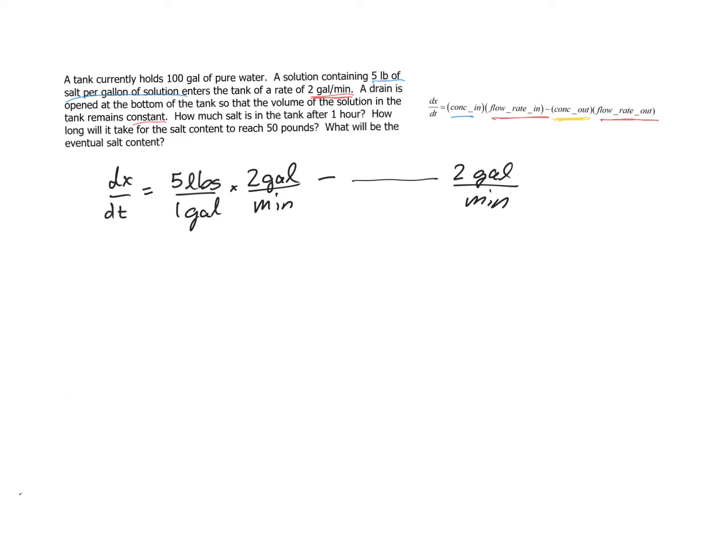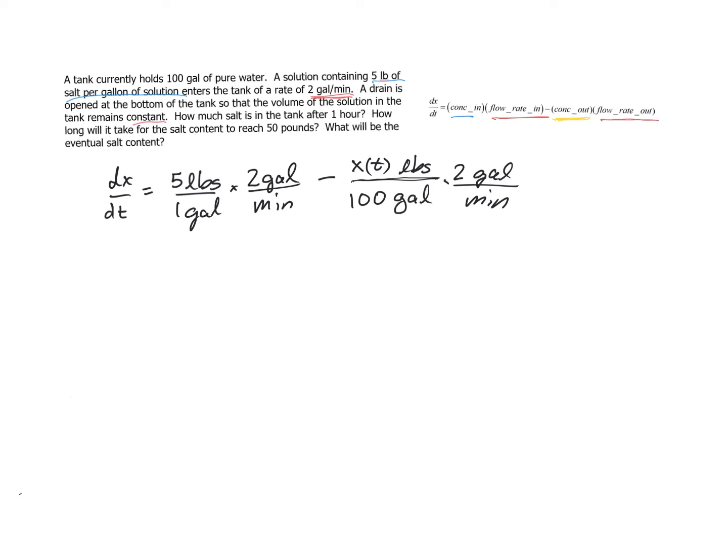Now to fill in the concentration, we're going to have it changing over time. So we usually use x of t to represent the number of pounds at any given time in our tank. And then the volume of our tank is going to be 100 gallons.